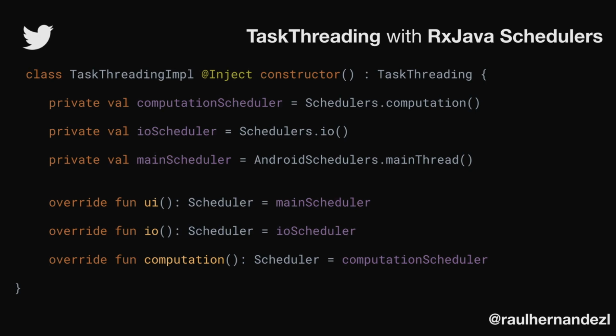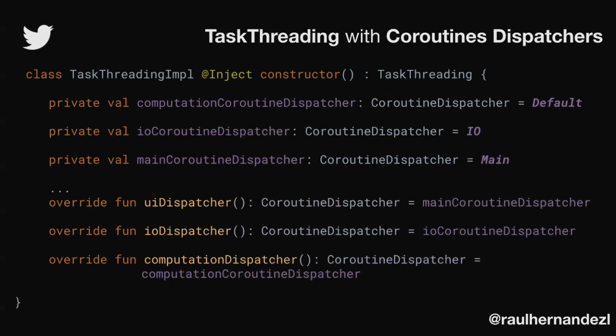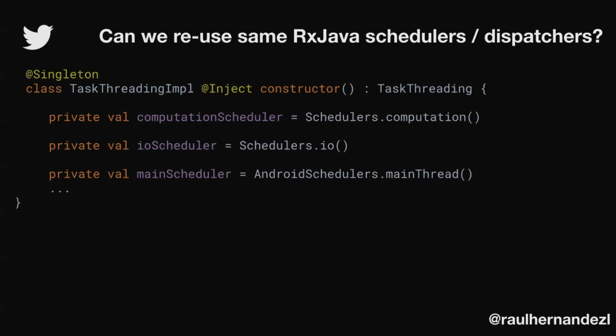That's why I use those methods. And then I can do the same for the different dispatchers that I need for coroutines. But right now, if we use something like that, the main difference is that we're going to use more resources in memory. So can we actually reuse those schedulers in order to use less resources in memory?